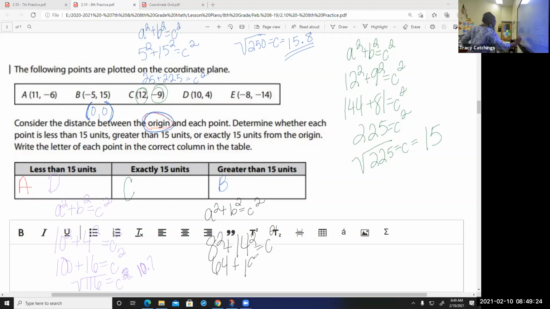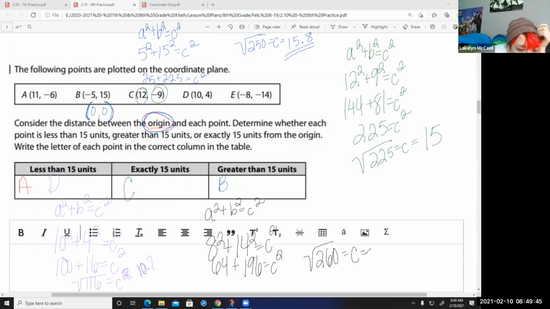Good job. All right, add it together. 260. All right, so then the square root of 260. 16.1. So where are we gonna put it? Greater than 15 units.